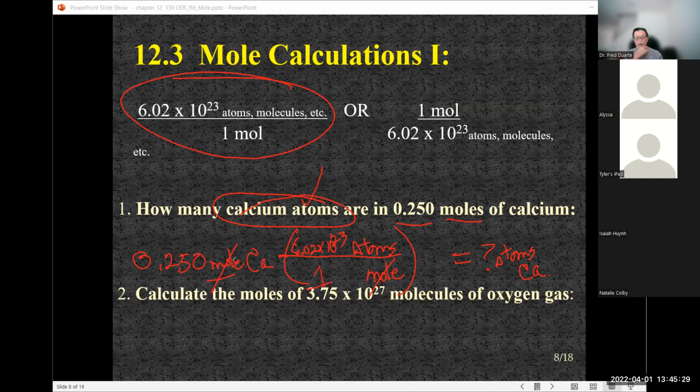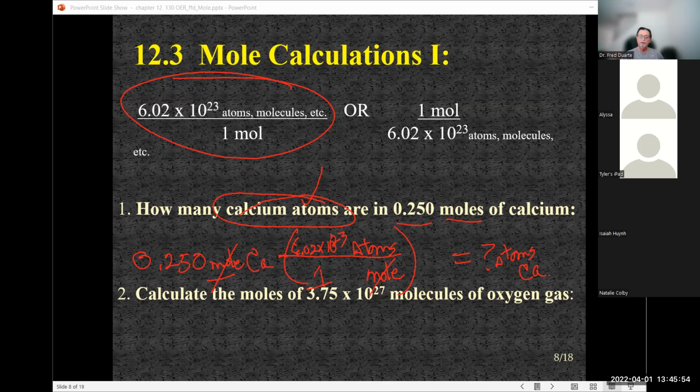My moles cancel, leaving me with atoms. But if you think about it, you start off at 0.25, which is approximately a quarter of a mole. So the number you're going to get is going to be less than 6.02 times 10 to the 23rd, which is good because it's a quarter of 6.02 times 10 to the 23rd.